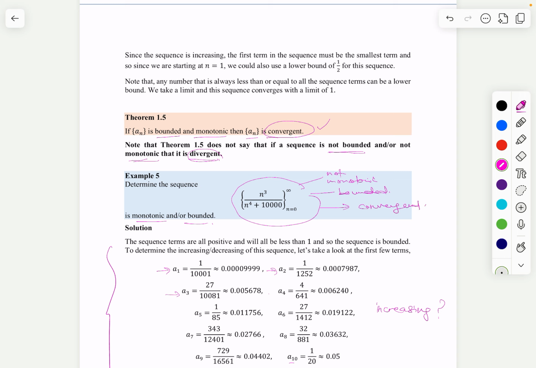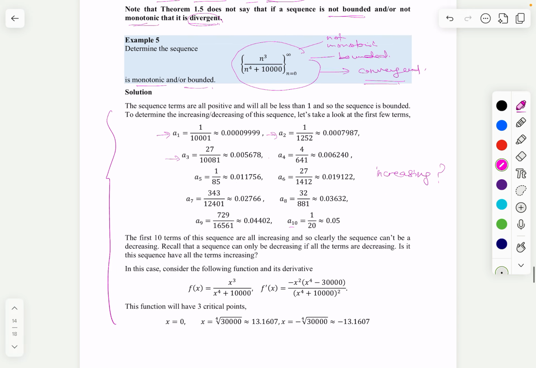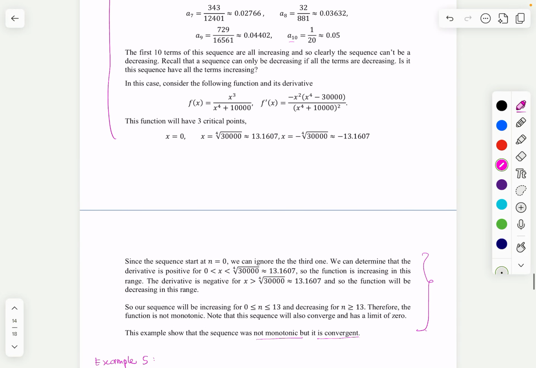Though it is not monotonic, it is bounded, and it is also convergent. So it doesn't necessarily say that the opposite of this theorem is divergent. For this sequence it is not monotonic, it is bounded, but it is still convergent, not divergent.